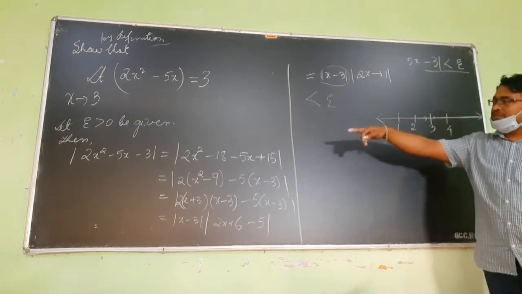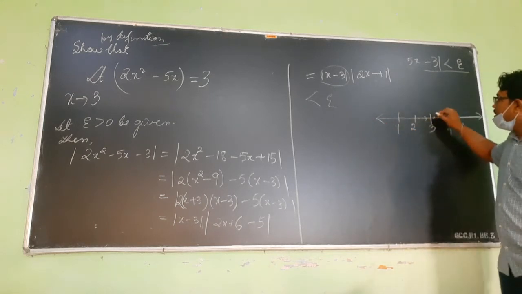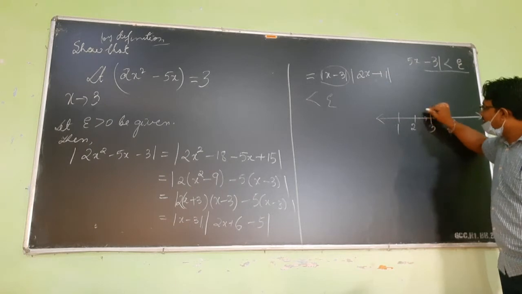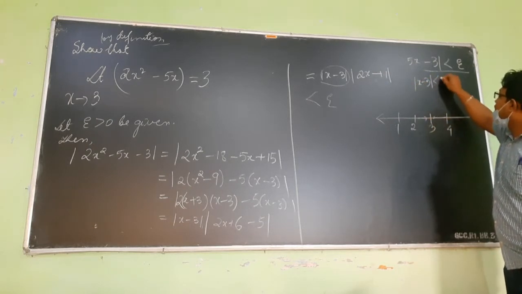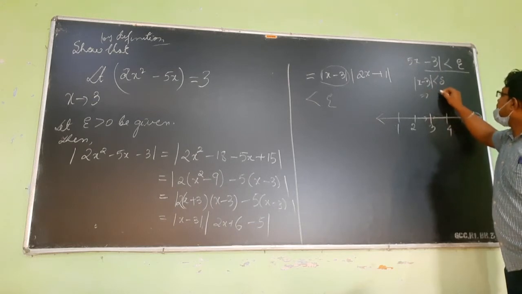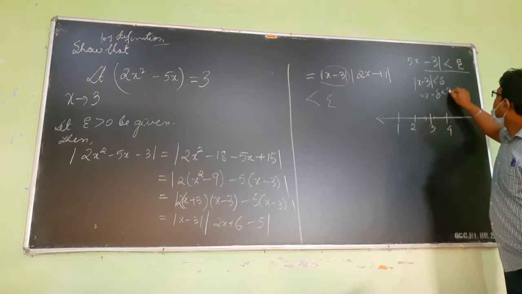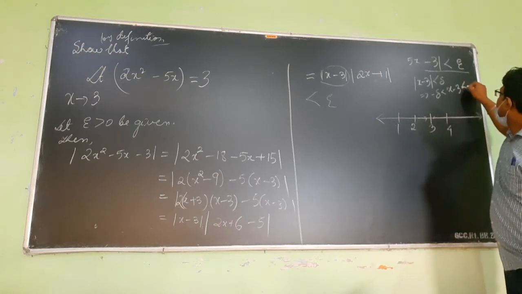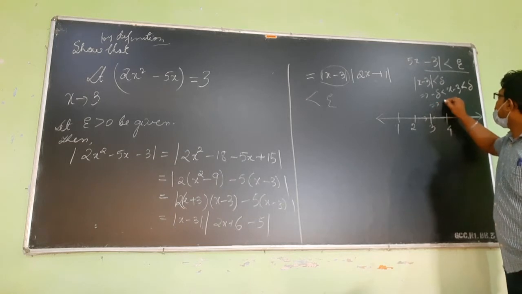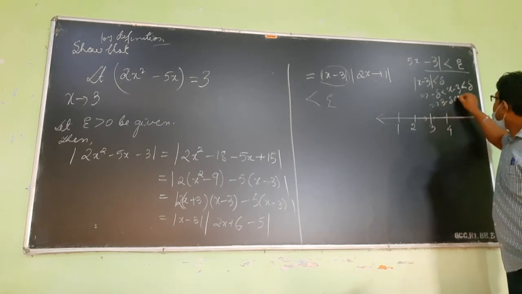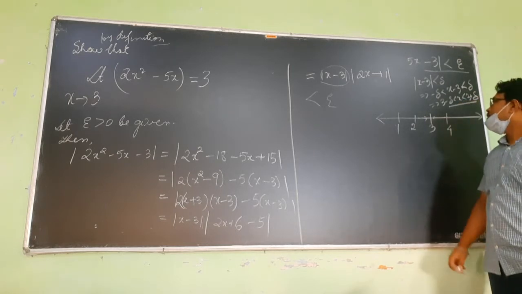For any given epsilon, we have to find a delta, that means a neighborhood of 3. Whenever I write mod of x minus 3 less than delta, what does this mean? Minus delta less than x minus 3 less than delta, that is, x lies between 3 minus delta and 3 plus delta.